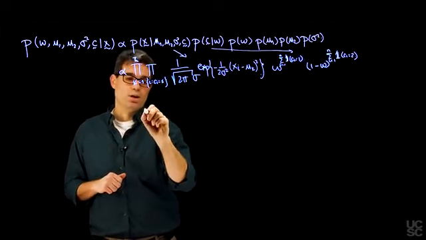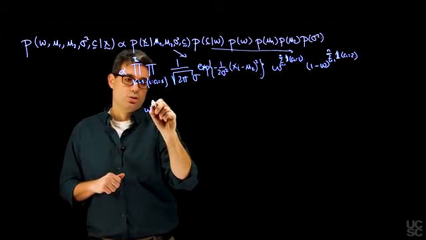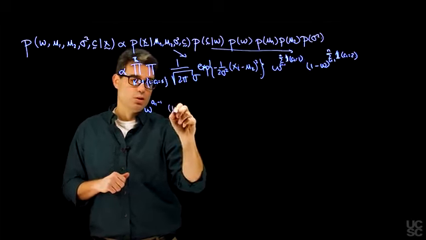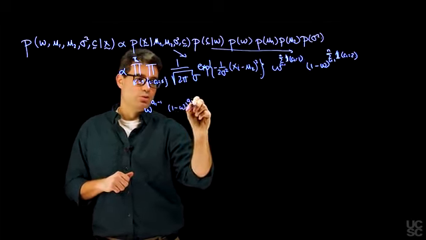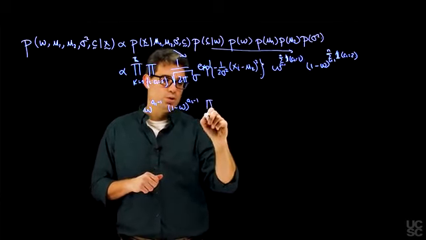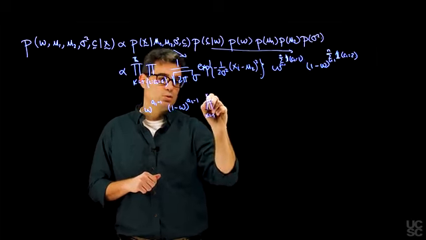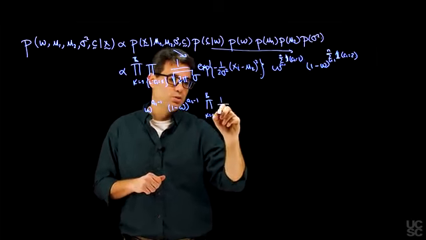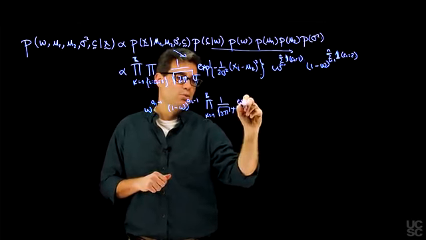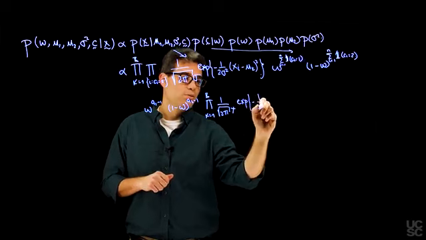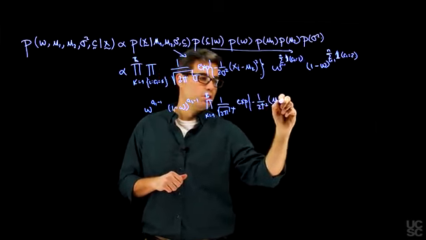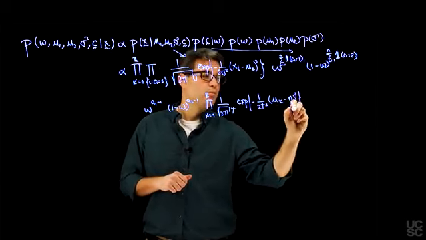So the prior for omega is omega raised to the a1 minus 1 times 1 minus omega raised to the a2 minus 1. The prior for the mu sub k is the product from k equals 1 to K of 1 over the square root of 2 pi tau times exp of minus 1/2 tau squared (mu sub k minus eta) squared.